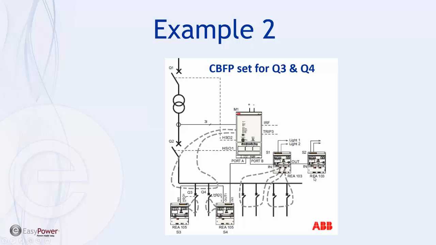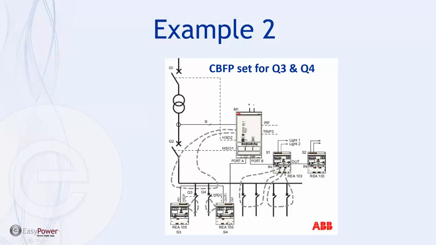The REA 103 extension units have loop sensors that just detect light. That information is passed to the main unit, which does the tripping, so you don't have any selectivity.